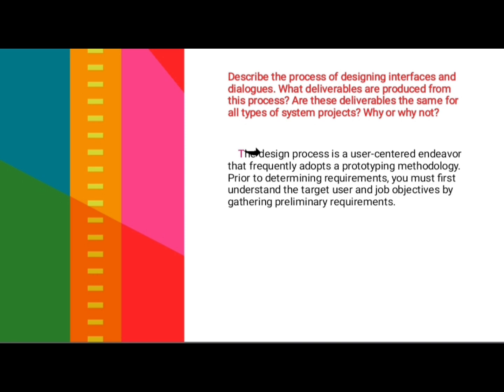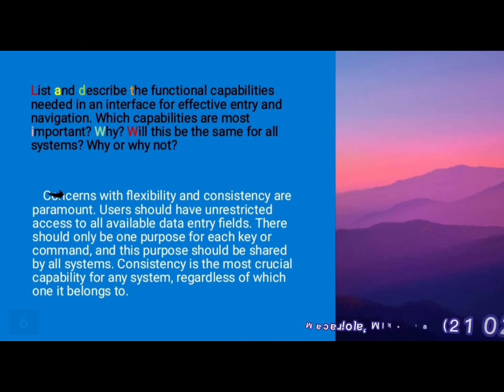You organize and hone this information into an early prototype after gathering the basic requirements. What are the functional capabilities needed in an interface for effective entry and navigation? Which capabilities are most important? Will this be the same for all systems?